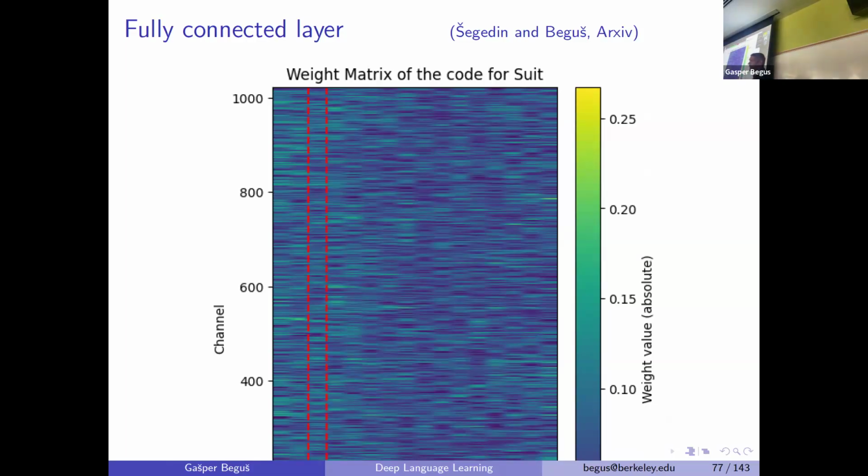And if you look at the fully connected layer, I think this is weight matrices. And so this x-axis can already be understood as a time series, as temporal dimension.